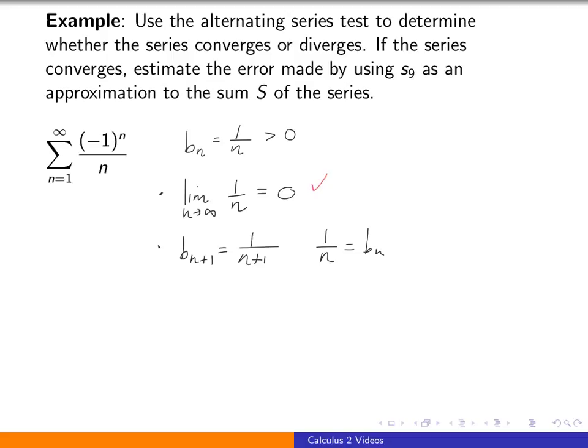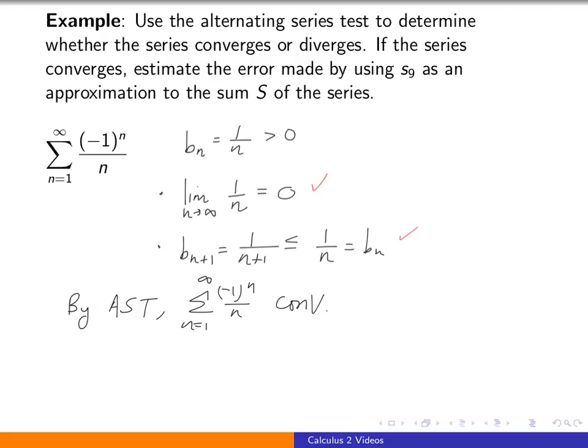And as mentioned previously, when we divide by something bigger, what we get is something smaller. So all three conditions that we need to be satisfied are satisfied. The b sub n is positive, its limit is 0, and it is decreasing. So by the alternating series test, which we will typically abbreviate with AST, the alternating series converges.